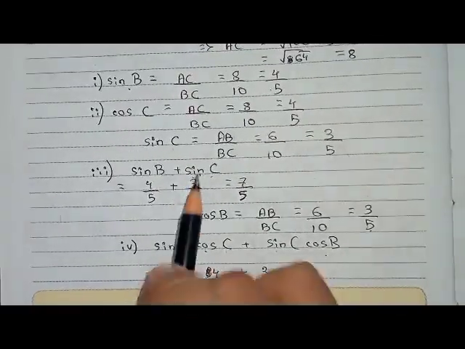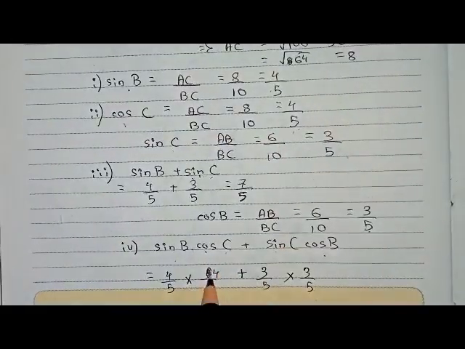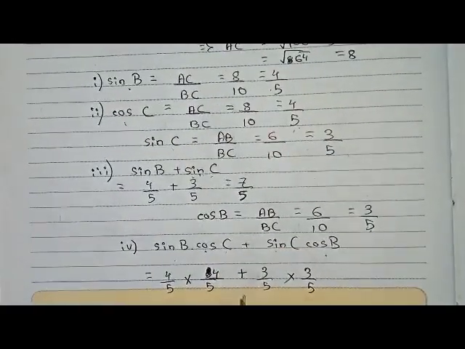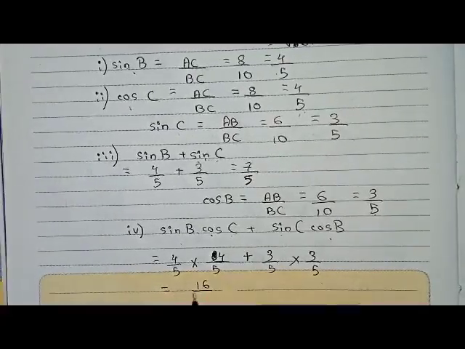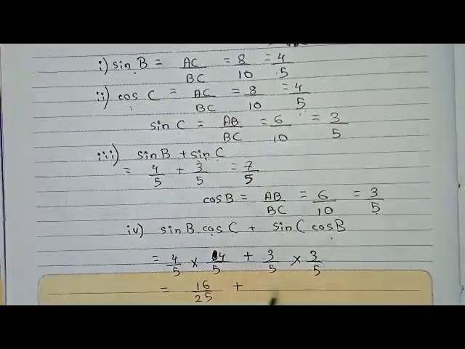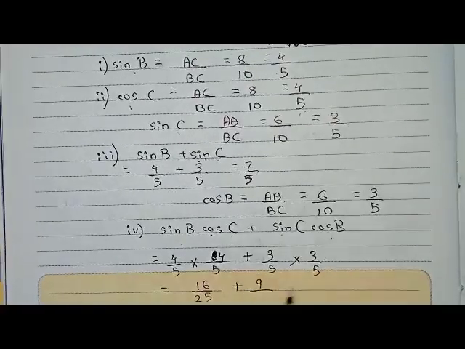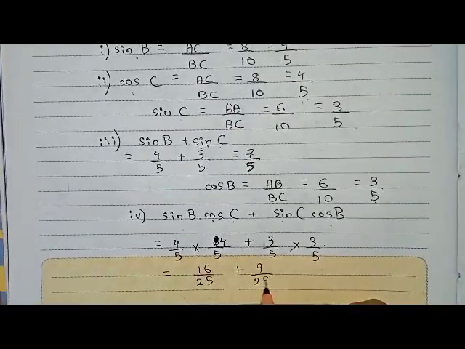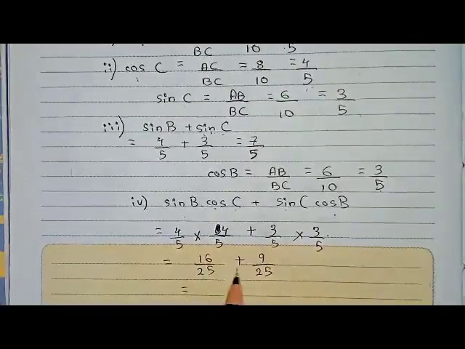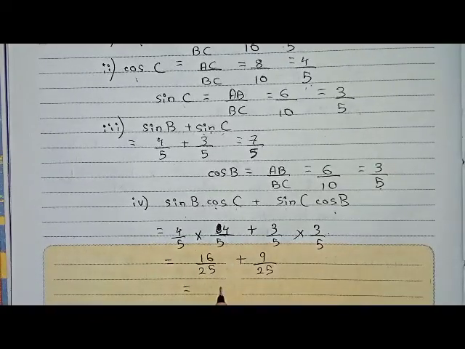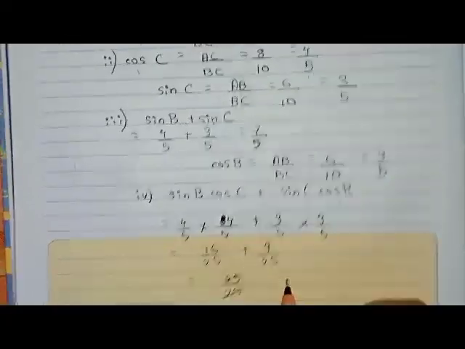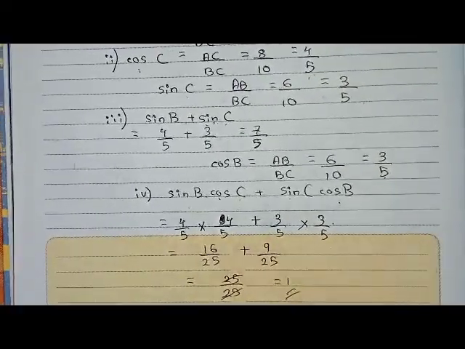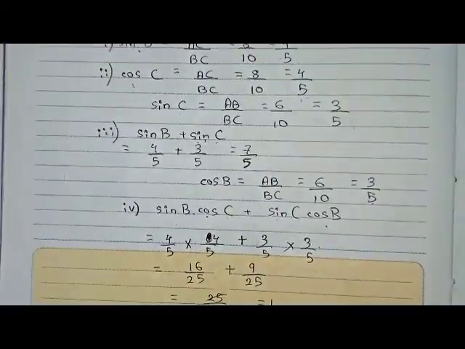So cos C value is 4 by 5, instead of 3 by 5. So now 4 multiplied by 4 is 16, 5 multiplied by 5 is 25, plus 3 multiplied by 3 is 9, 5 multiplied by 5 is 25. So 16 plus 9 gives 25 by 25. We cut the values, it gives 1. So this is the answer for the last part.